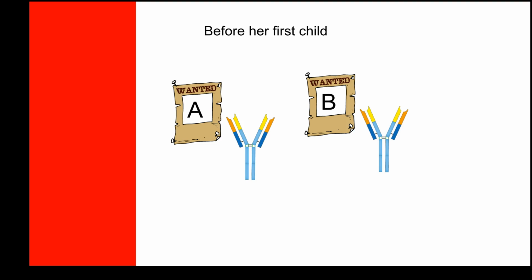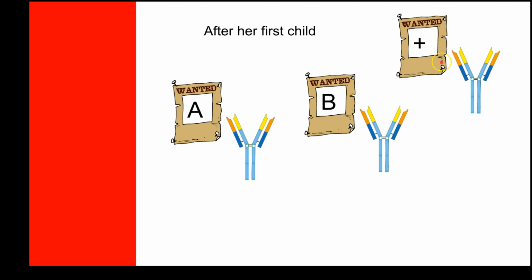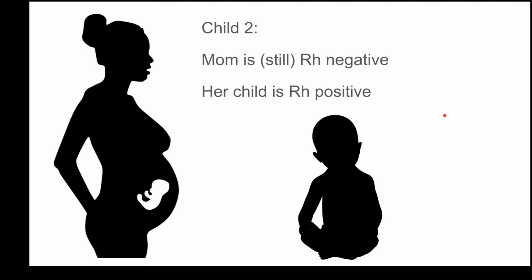So before her first child, we're going to say that mom is O negative. She's got this A and this B. These are her antibodies. They're out looking for type A and type B blood, and that's all good. But then her blood came into contact with that Rh positive child, and she developed this antibody. She picked up this antibody looking for this plus.